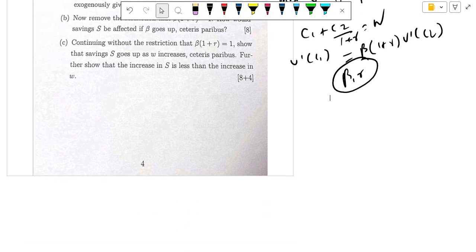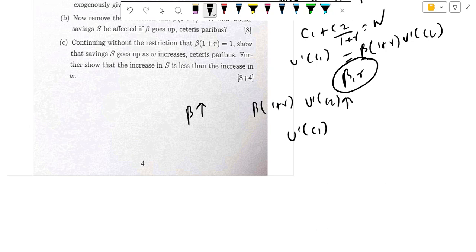If beta increases, the right hand side of the equation, that is beta (1 plus r) u'(c2), also increases. So to restore the equality, the u'(c1) part must increase as well, which requires c1 to fall. Since c1 is w minus s, a decrease in c1 implies an increase in s.